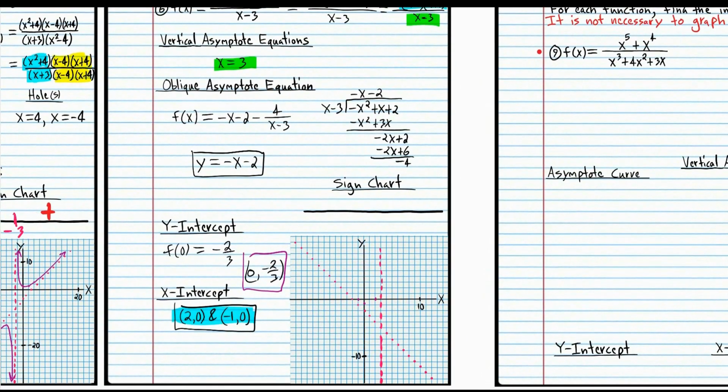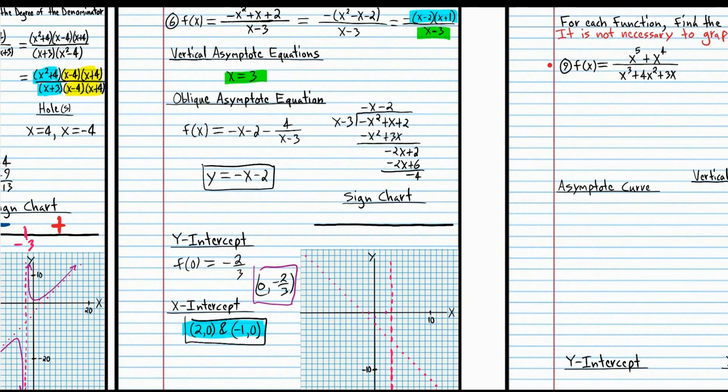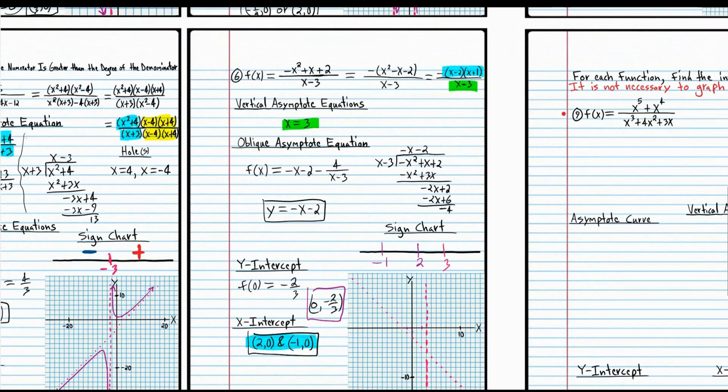So we have 3 and 2 and negative 1. And let's plug in negative 2.